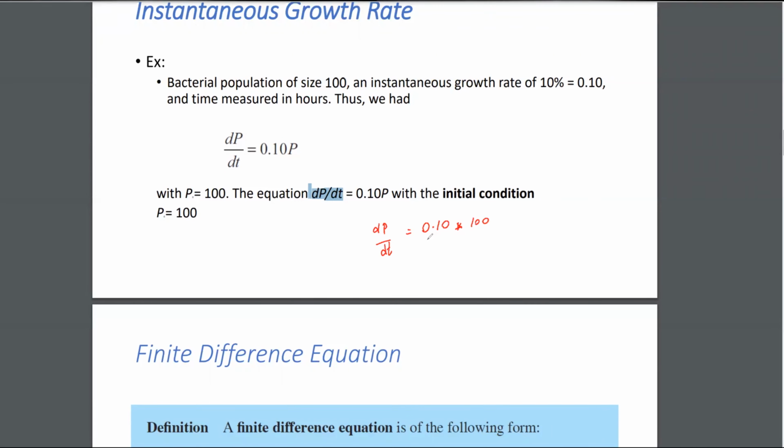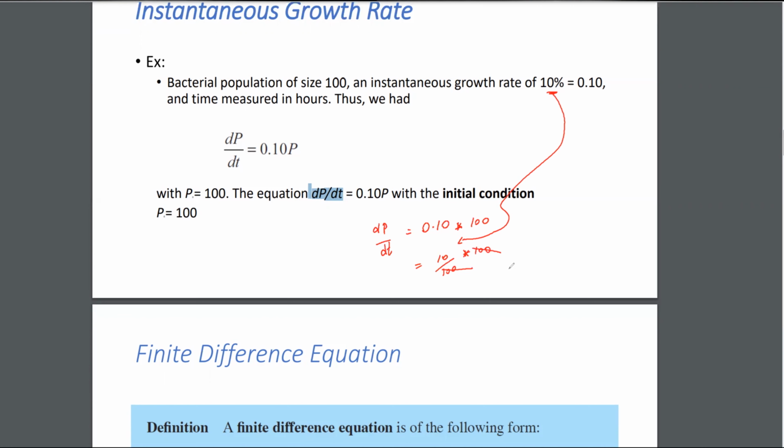Another way of writing this is 10%, so in this form again it's 10 over 100. This is what the 10% means. Then you multiply that by 100 and you get this. So the change in a little time is 10.